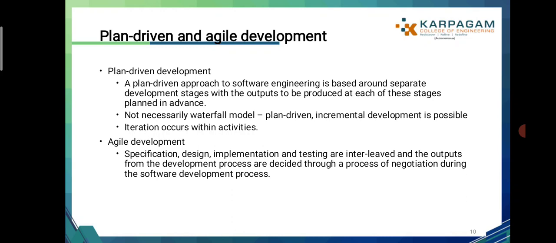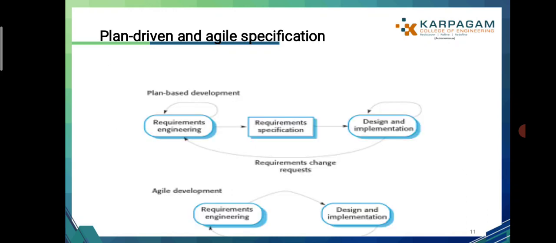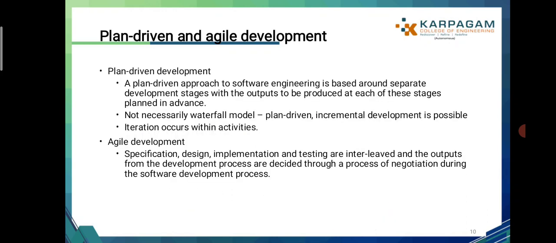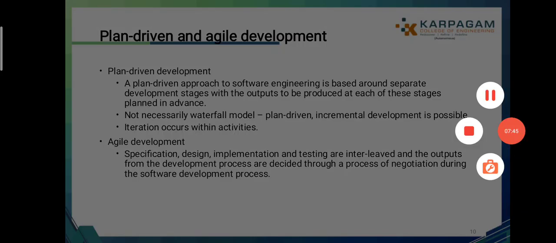It mainly focuses on the documentation, but in the case of agile methodology, we focus only on customer feedback. At particular intervals of time we get feedback from the customer, and based on the feedback we deliver the product. So this is the difference between plan driven and agile methods, right?